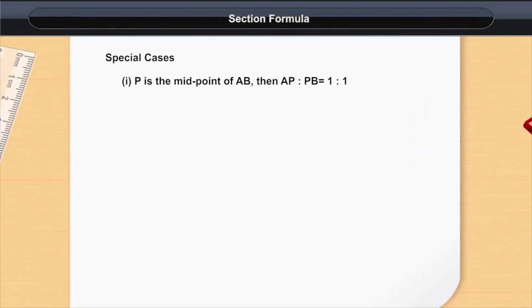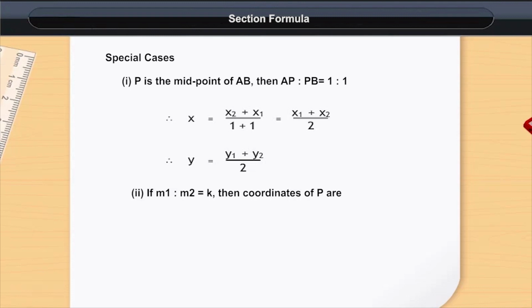Special cases. Case 1. If P is the midpoint of AB, then AP:PB is equal to 1:1. Hence, x is equal to (x2 plus x1) divided by (1 plus 1) is equal to (x1 plus x2) divided by 2 and y is equal to (y1 plus y2) divided by 2.